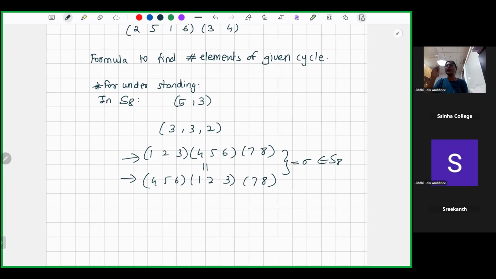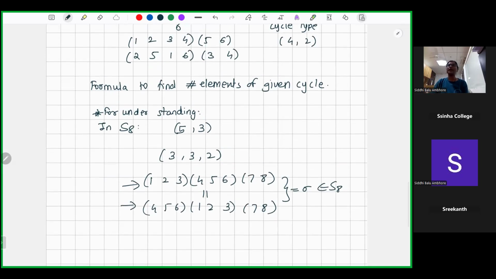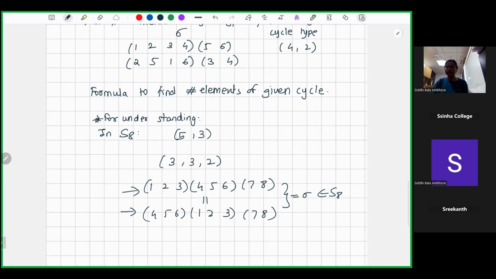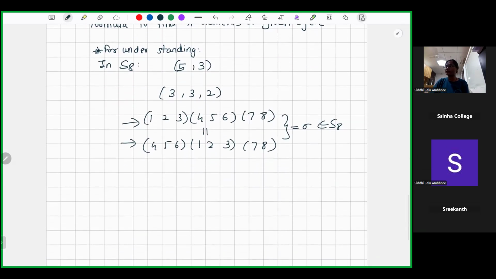So when writing the formula, we are considering all the possible cases we might have for sigma in Sn, and we also have to take care of such things.